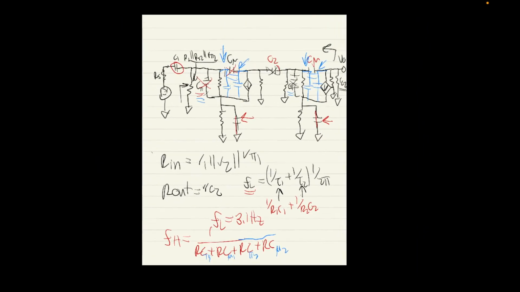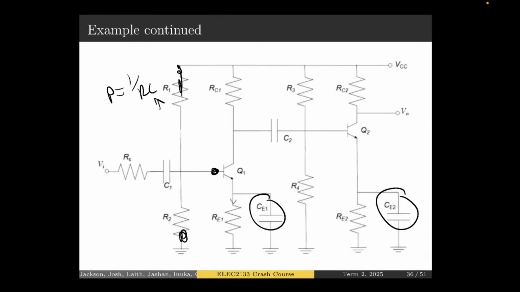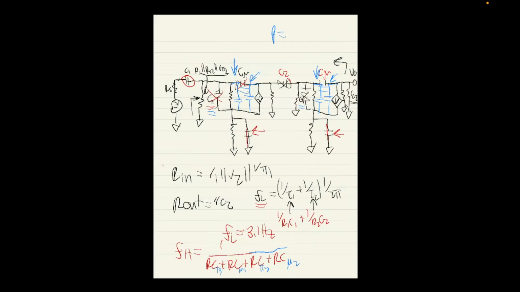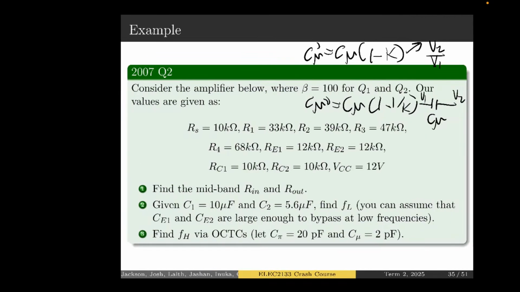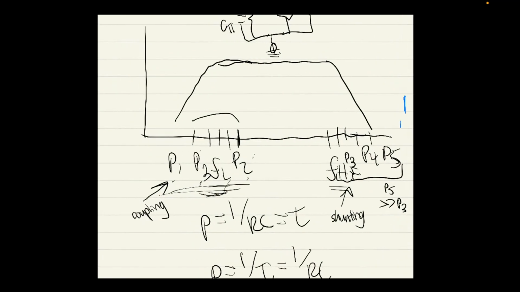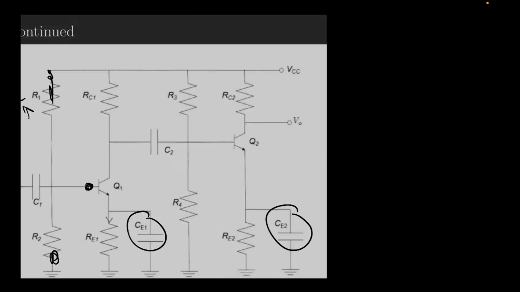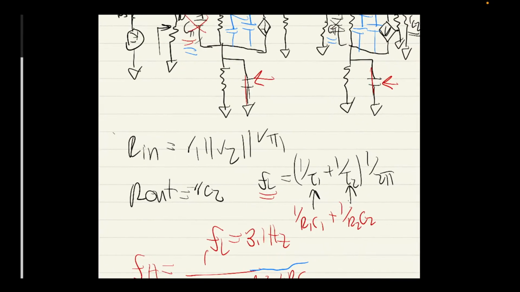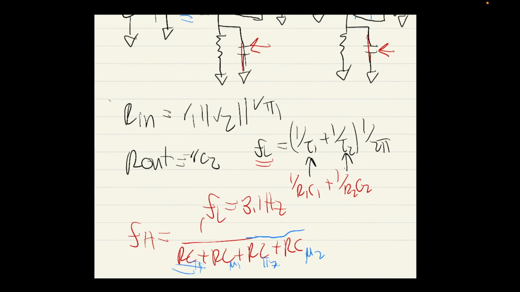Because these become very small and those become very large, we know that when the pole is equal to 1 on RC, if C becomes very small, then the pole gets pushed a lot to the right. So if we have a pole way on this side, then it doesn't matter. Just linking it back to the diagram I made earlier, all you have to do is find RCE, this one, and then this one. These ones don't matter. So this is how you would save time.